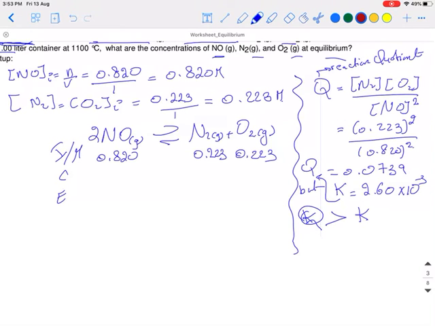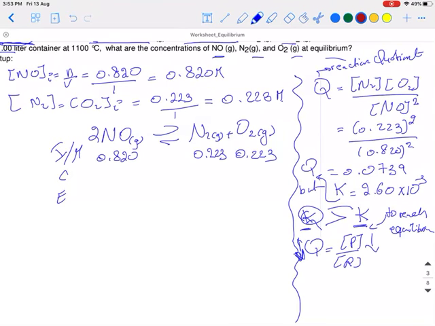So the backward reaction is favored in order to lower Q. Why? Because Q is equal to the concentrations of products over reactants. To reach equilibrium, Q should be lowered to reach the value of K, because Q is greater than K. If Q is lowered, it means the products should be lowered and the reactant should be higher.